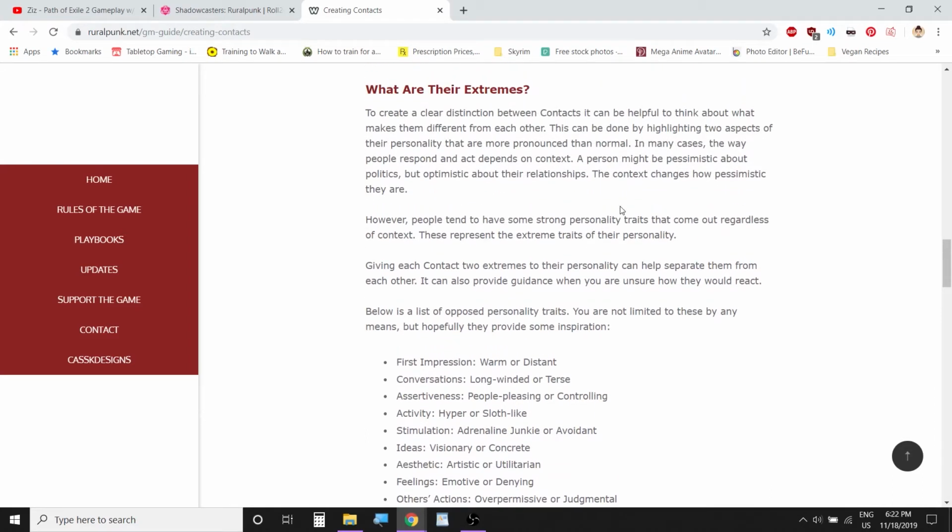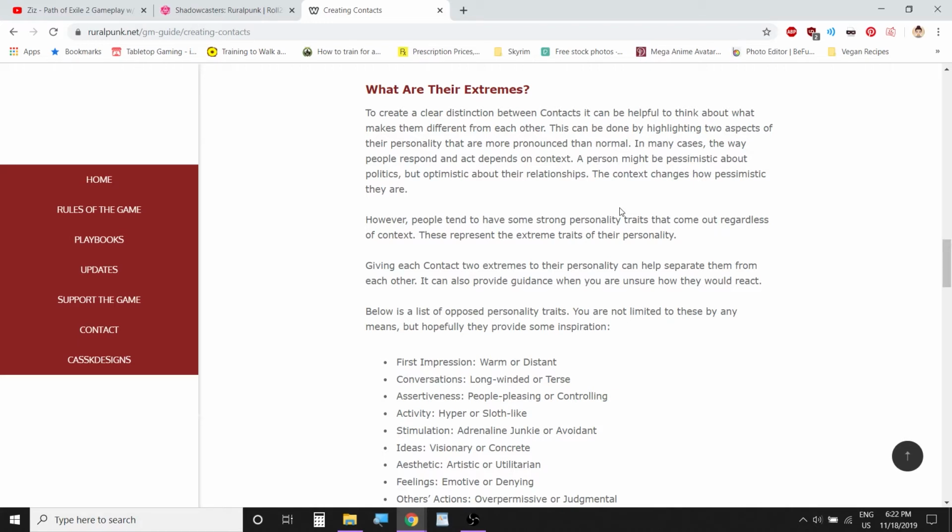So the idea with extremes is thinking about how people often have a few personality traits that make them stand out from other people. So one of the examples is if you don't have this as a strong trait, you might not be known for being especially pessimistic or optimistic. It might depend on the context.